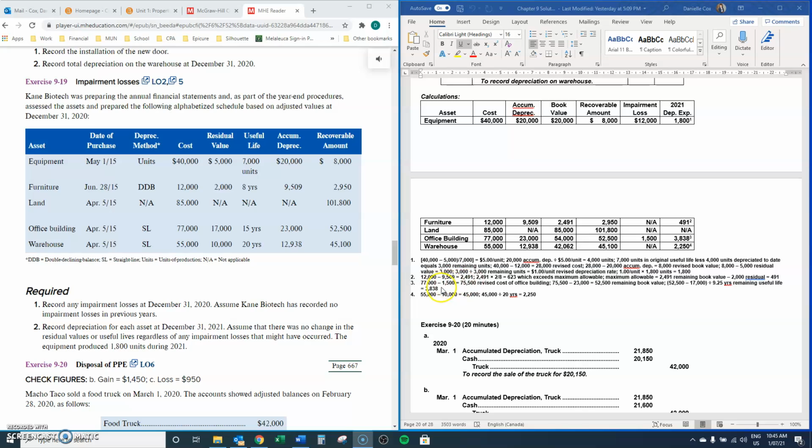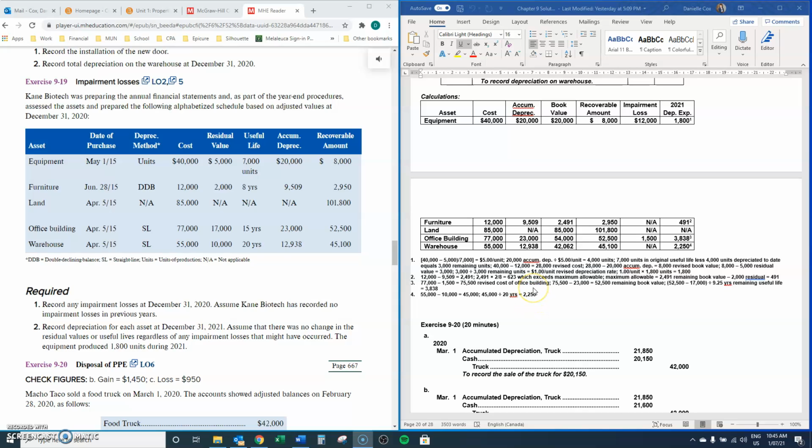And we only had to do this because of the fact that we had an impairment loss. Otherwise, we would do according to what we're doing for the warehouse, which is the $55,000 cost less the residual value divided by the useful life, which is what we would have taken every year for straight line depreciation.